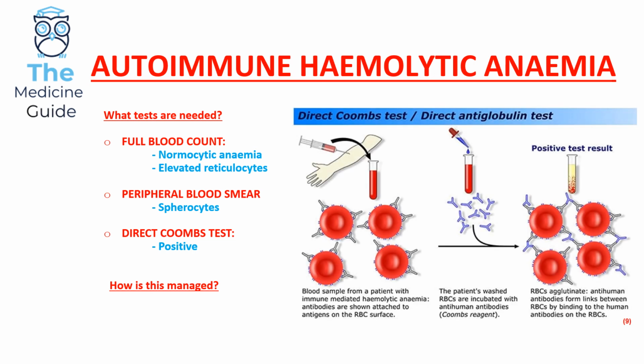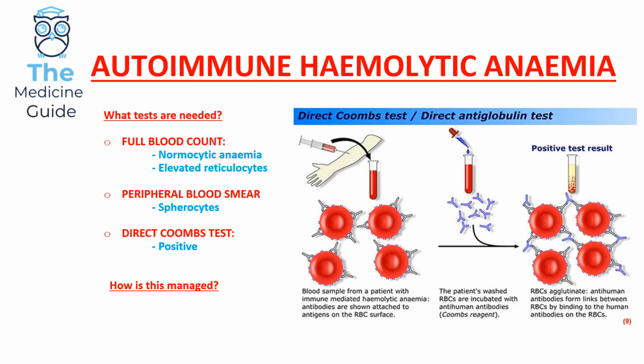anemias. So the direct Coombs test is when a blood sample is taken from a patient with immune-mediated hemolytic anemia, and antibodies are shown attached to the antigens on the red blood cell surface.